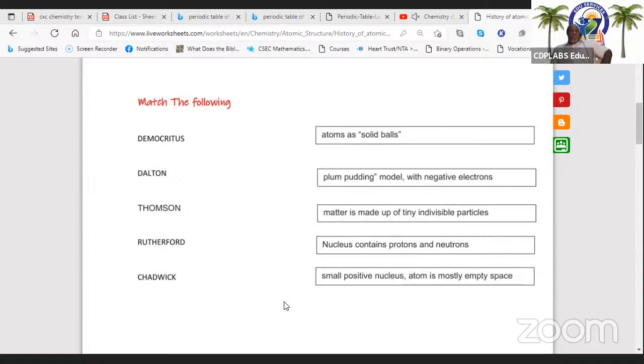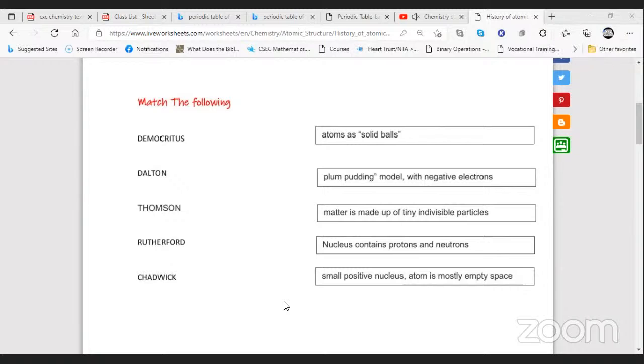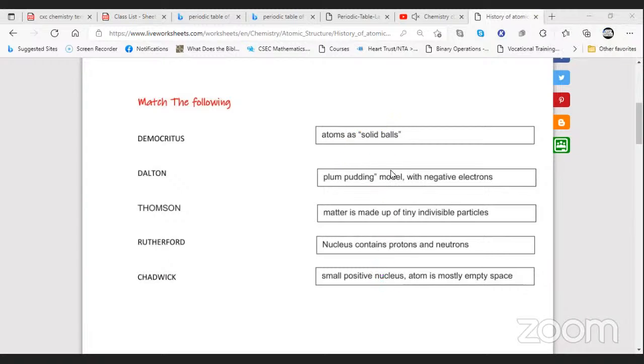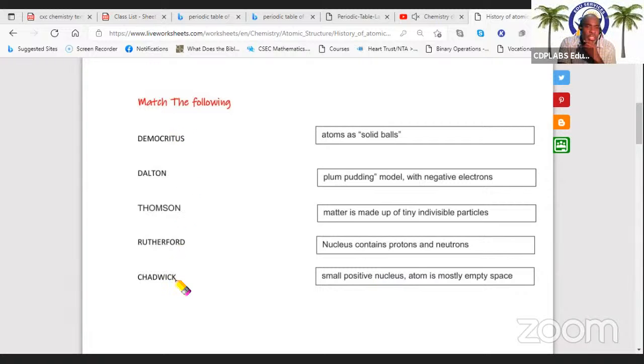You can Google and look them up and give me the answer. You're going to do it now. For example, what did these scientists do? Did he discover that atoms are solid balls? Did he discover the plum pudding model with negative electrons? So let's look it up.